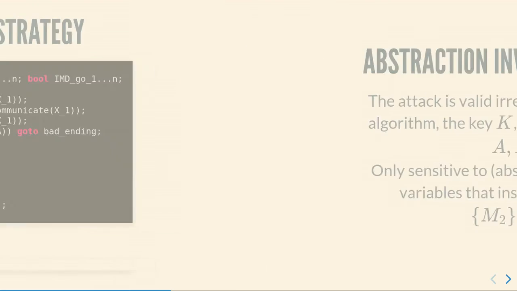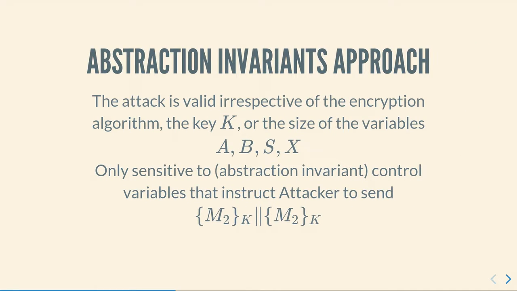The idea being that if we're able to prove that the attack works at a smaller variable size, then we can propagate that to a larger variable size to verify that the attack holds for the larger variable size. So as I say here, the attack is valid irrespective of the encryption algorithm, the key K, or the size of the variables A, B, S, and X, and it is only sensitive to the abstraction invariant control variables that instruct the attacker to send M2 encrypted with K. Right, those are the most important variables.